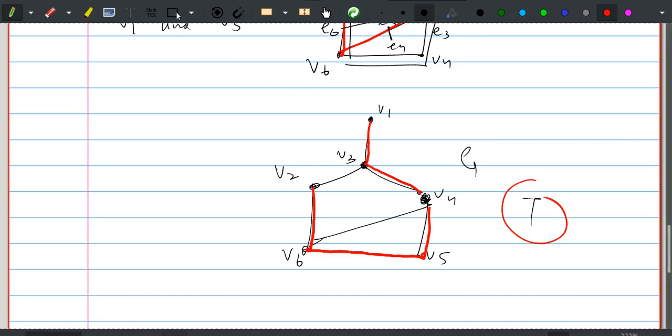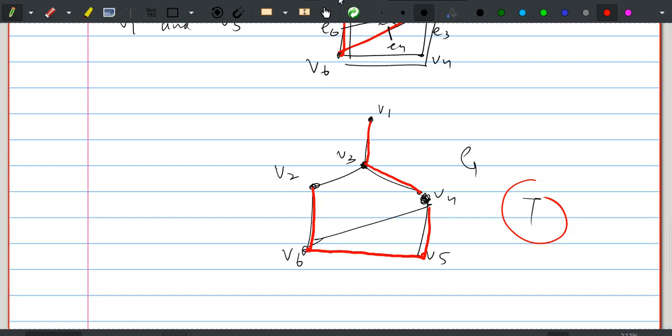Now a graph G may have more than one spanning tree. If T is a spanning tree of G, these red edges are called the branches of G with respect to the spanning tree T, and these black edges v2, v3 and v4, v6 are called the chords of graph G with respect to the spanning tree T. Now these branches and chords may change if we change the spanning tree.